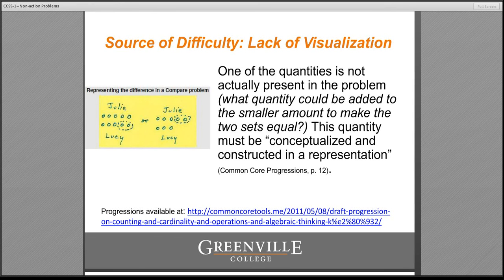I can either imagine that Julie and Lucy have the same, and then I imagine how many extras Julie has in addition to that, or I can conceptualize how many more I would have to add to Lucy's group in order for it to be the same as Julie's. In both cases, I see that difference too. But those two ways give the students a more clear-cut thing to imagine or visualize than just saying difference between numbers.